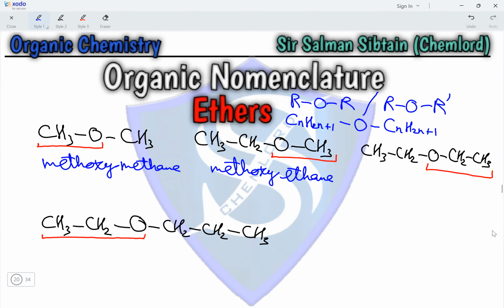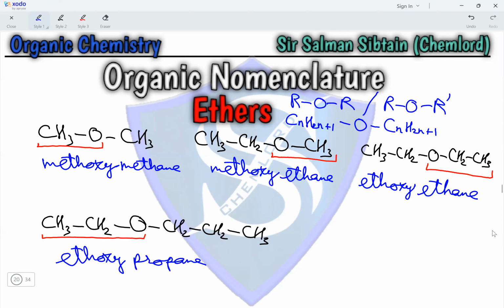In the third example, it would be called ethoxy because there are two carbon atoms in the substituent group and two carbon atoms in the parent chain, so it will be called ethoxyethane. In the fourth one, we have two carbon atoms in the shorter chain, so it will be called ethoxy, and we have three carbon atoms in the parent chain, so this will be called ethoxypropane.